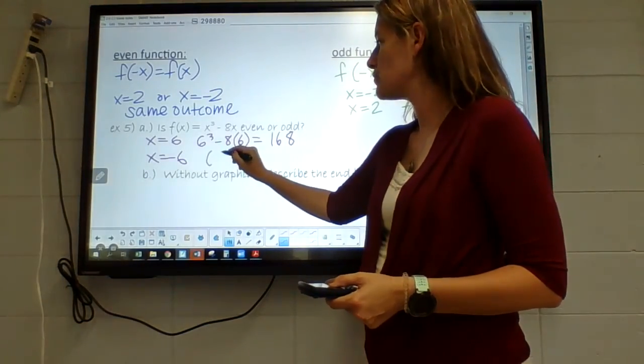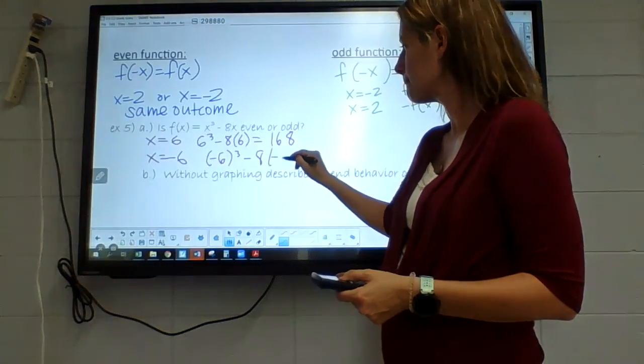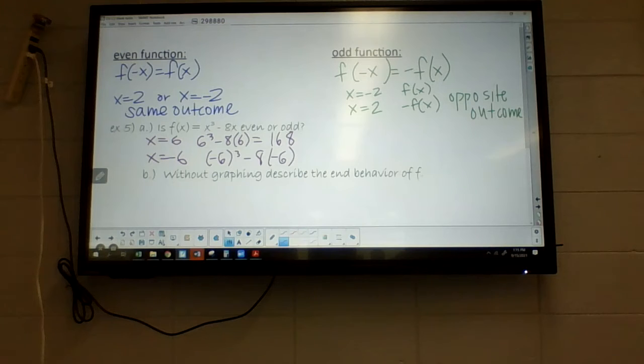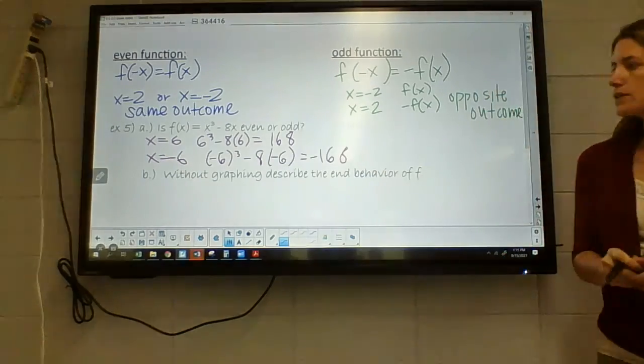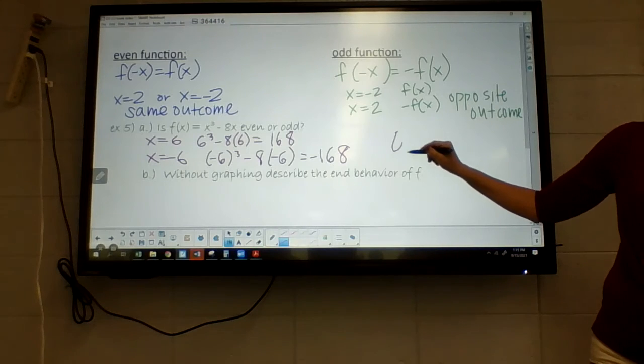But then if I do negative 6, now this one you might need parentheses just to make sure you don't lose something there. I got negative 168. So since it's the opposite outcome, this is an odd function.